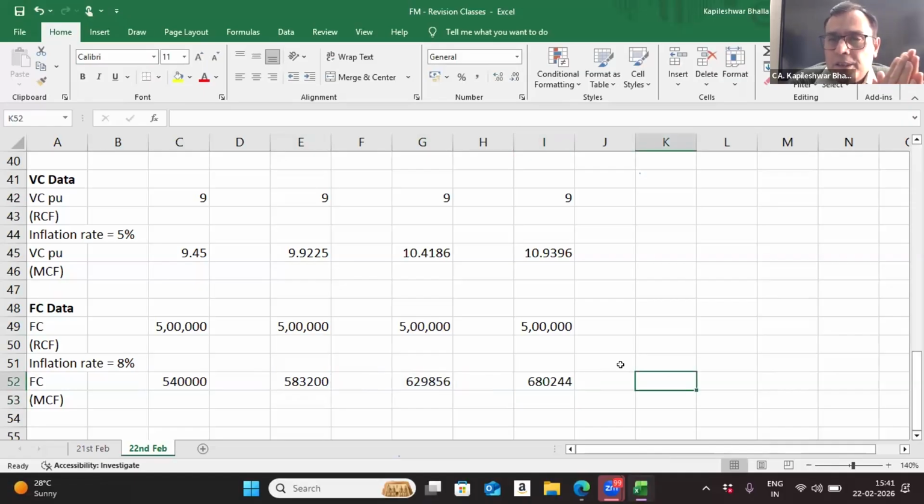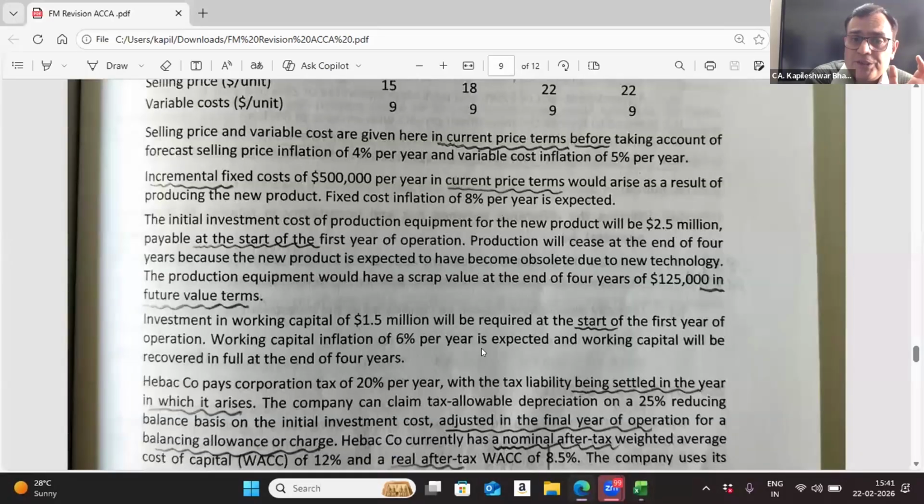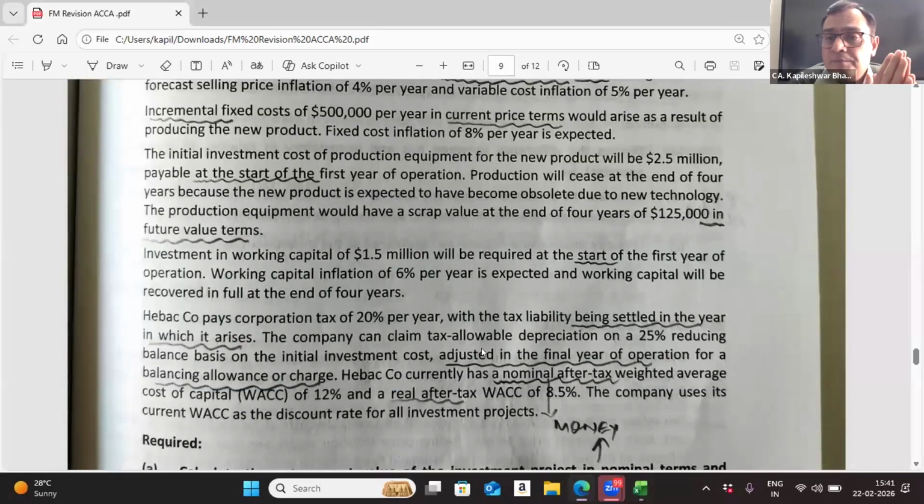So I think all the information, sales, variable cost, fixed cost, all the data gets organized in terms of MCF. Anything else which needs to be organized in terms of MCF? What about the depreciation? Is the depreciation also required to be converted in MCF terms, or will the depreciation data remain the same? What do you say?